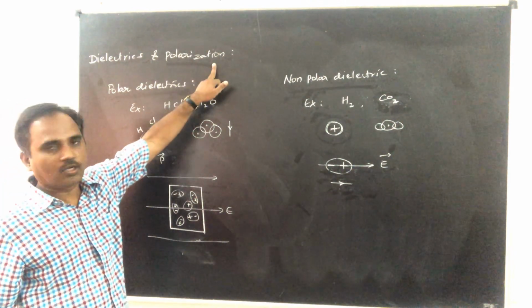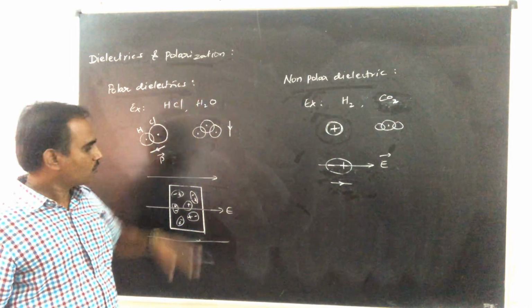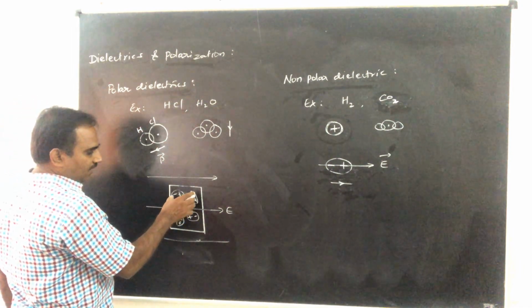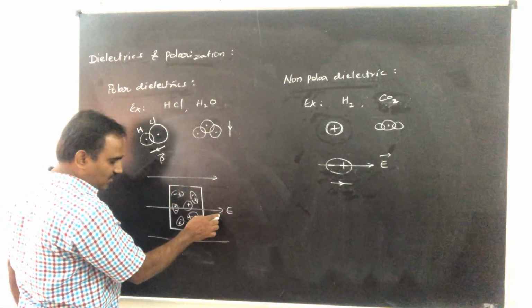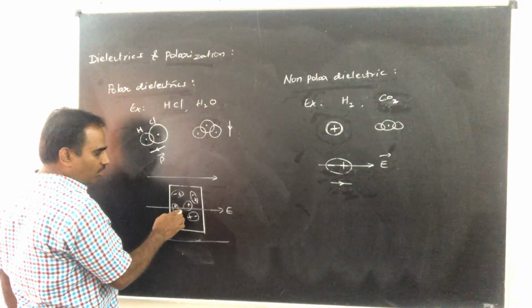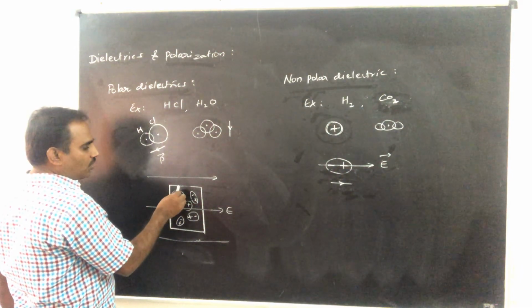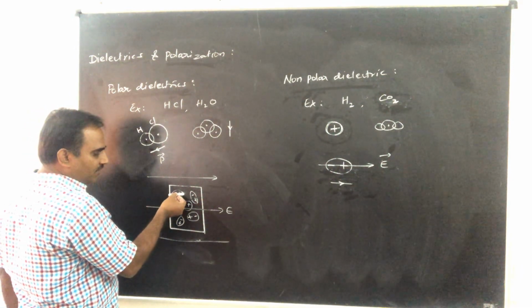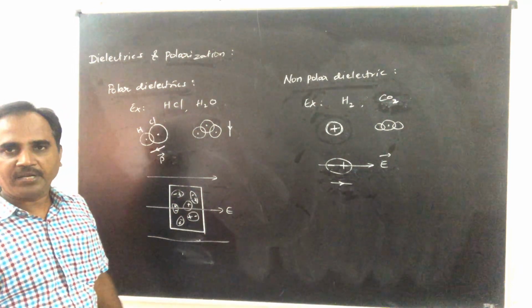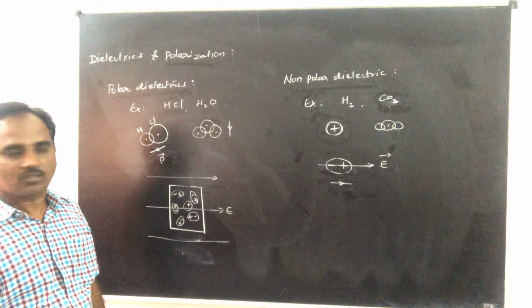We come to this word now. So when a dielectric medium is kept in external electric field, due to the torque acting on each molecule, these atomic dipoles orient in the direction of electric field. Now this dielectric medium is said to be polarized.